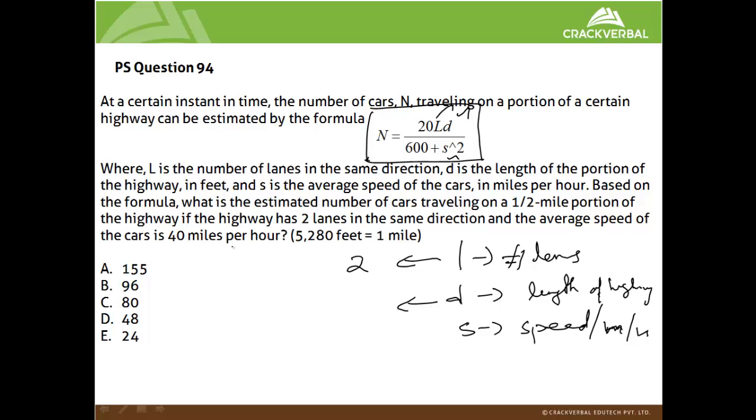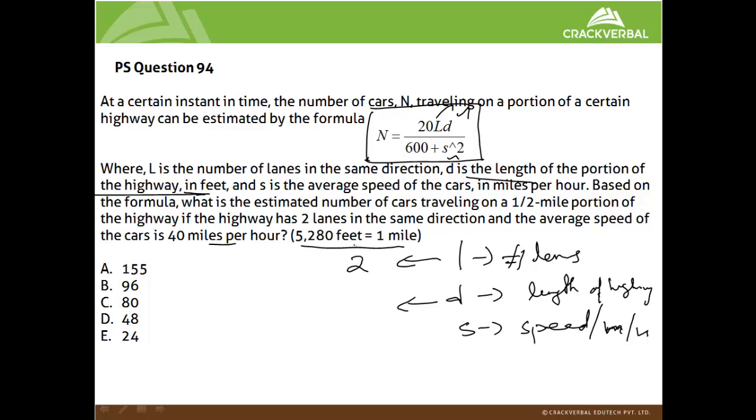But in the function, they have defined D as the length of the portion of the highway in feet, right? So 1 mile is equal to 5280 feet.